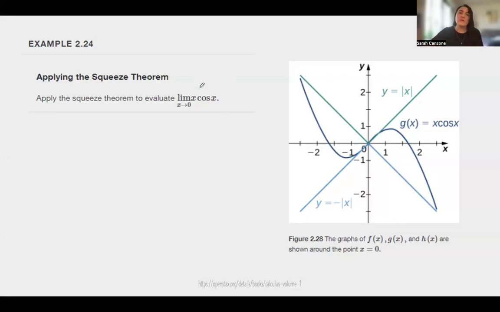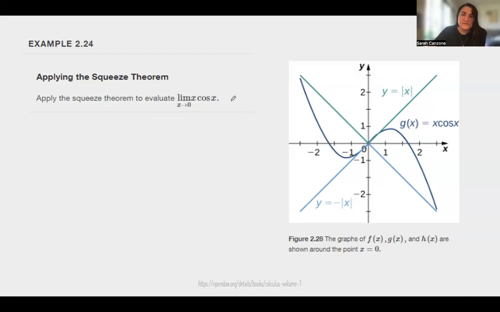So we see the limit as x goes to 0 of x cosine of x. Again, we can try plugging right in. When you plug in 0, you multiply 0 by cosine, you get 0. But this isn't how we're going to want to do this one. While that may work, you may get the answer just by plugging that in, we're going to use the squeeze theorem to verify this.